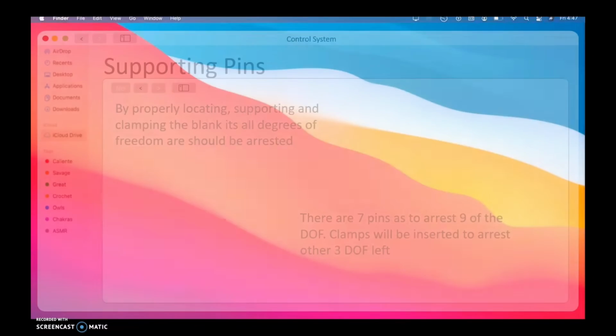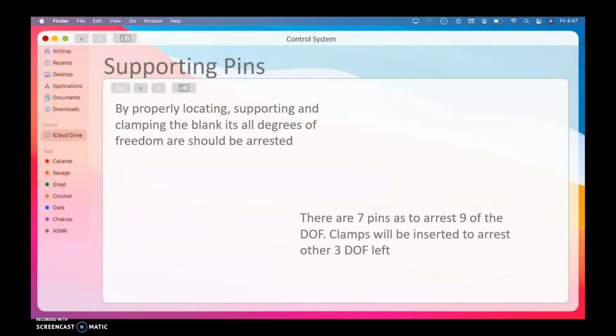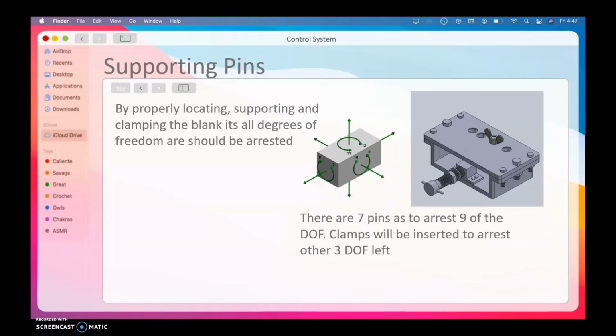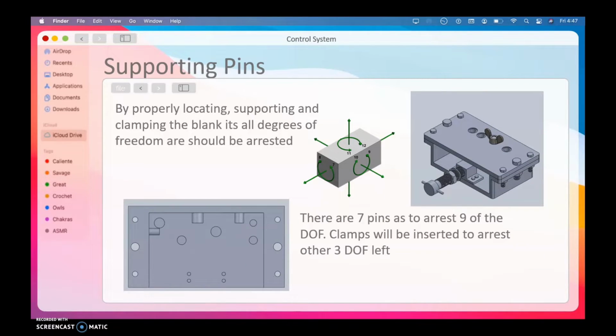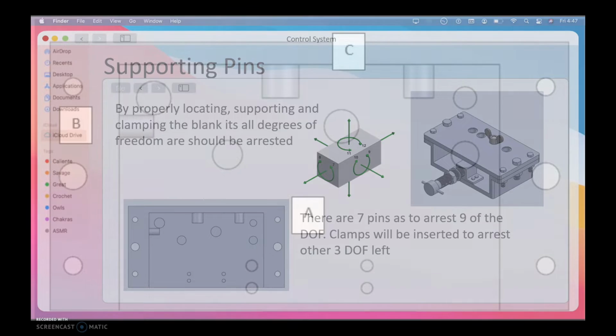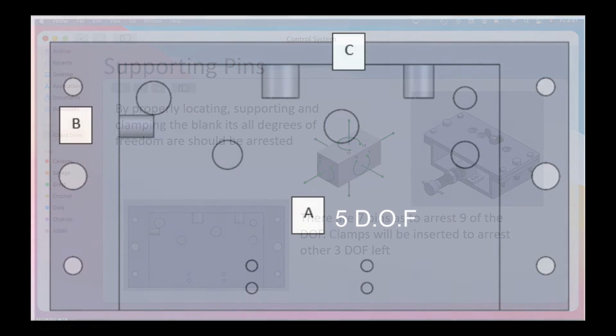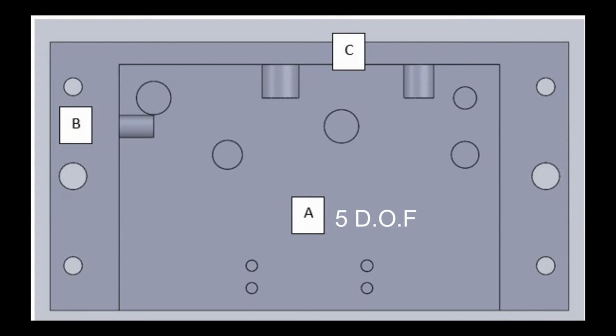Supporting pins. By properly locating, supporting, and clamping the length, all degrees of freedom should be arrested. As you all know, there are 12 degrees of freedom. So in our jigs and fixture, we put 7 pins only. On surface A, there are 5 pins where it will restrict 5 degrees of freedom.